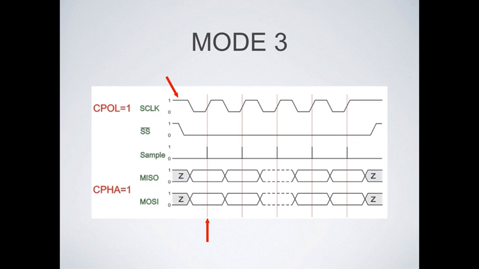And then our phase is going to be on the trailing edge. Since the clock polarity is 1, this looks odd because it almost looks like mode 0, and it's because of the shift.